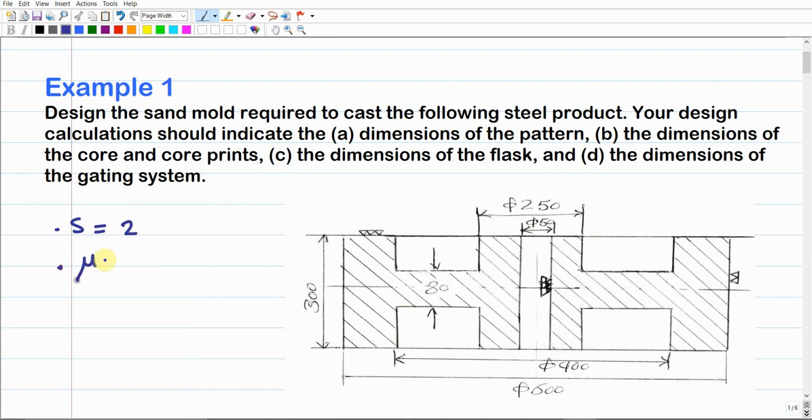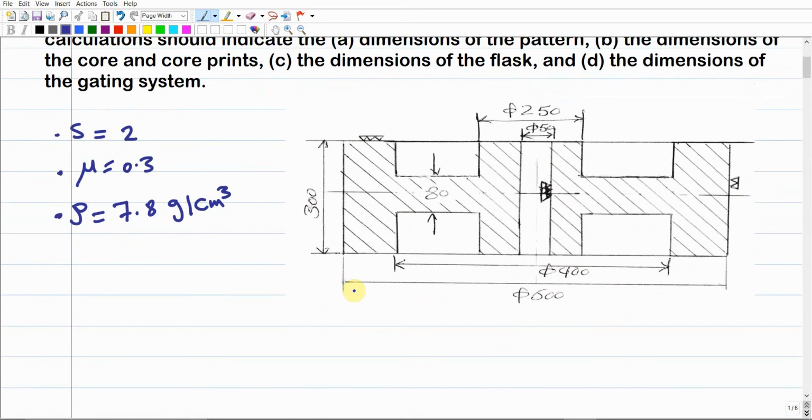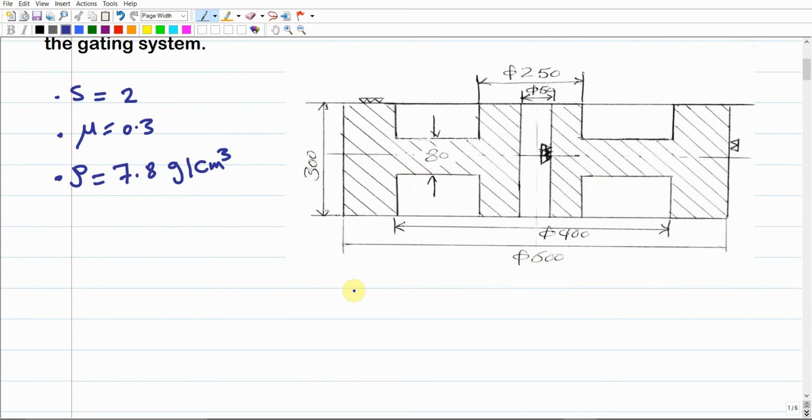Let us assume that mu, the coefficient of friction between the molten metal and the sand, is given as 0.3. And you should know that the density of steel, since the product is steel, is commonly known as 7.8 gram per centimeter cube. So these are the given data, and again it is required to come up with a complete design of the sand mold that would be used for making this product by sand casting.